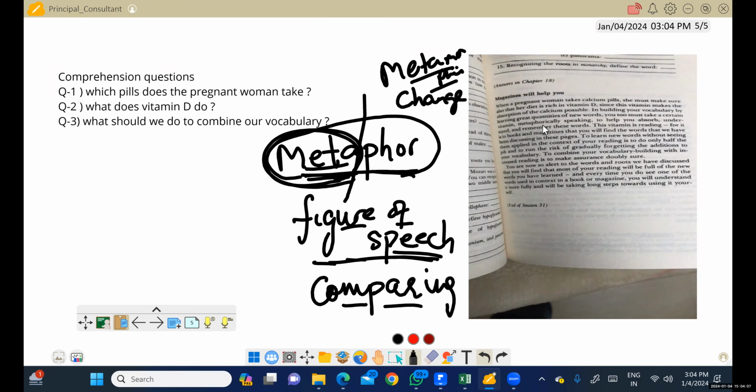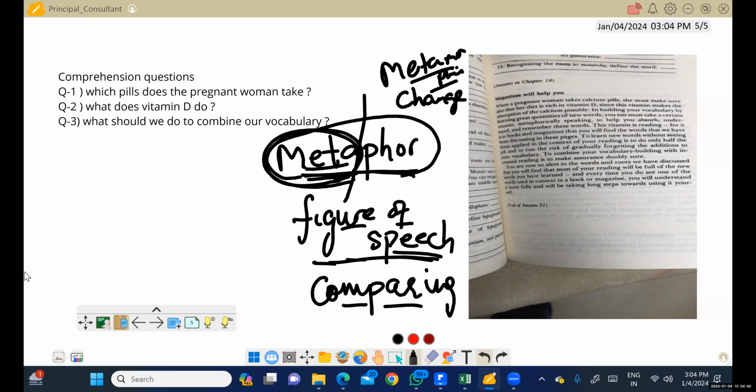Deepti, have you understood? Kavya Singh, Kavya Chaudhary, have both of you understood? Narayani? Nishant, have you understood this metaphor?